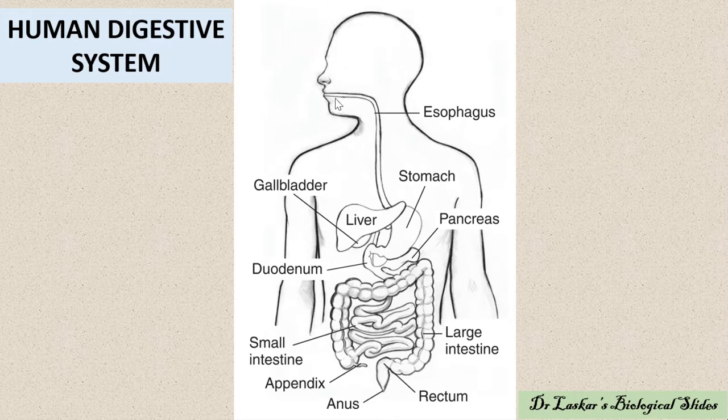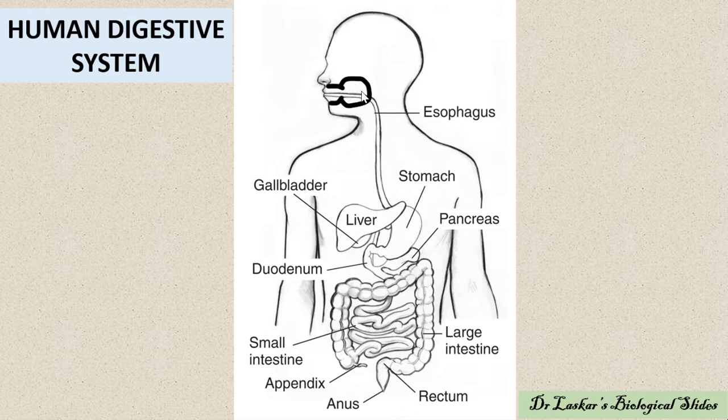The vestibule is a narrow space enclosed between the lips and the cheeks externally, and a pair of jaws internally. Its lining contains mucous glands, and the vestibule leads into the oral cavity.